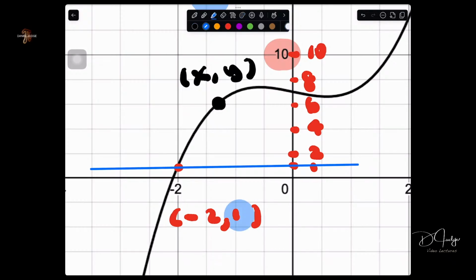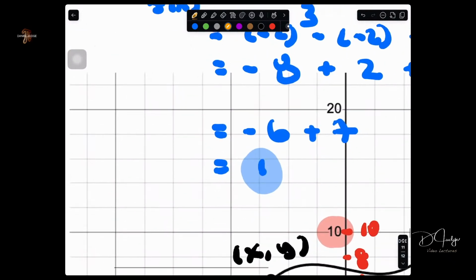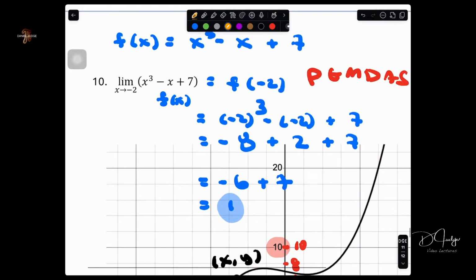They both equal 1 because you're approaching from both directions, if you remember. You're approaching from here, from the left, and you're approaching from the right. Every x value has a corresponding y value. So you're meeting at the point (-2, 1), and sure enough, that was the limit we talked about. So the graphical approach is verified.